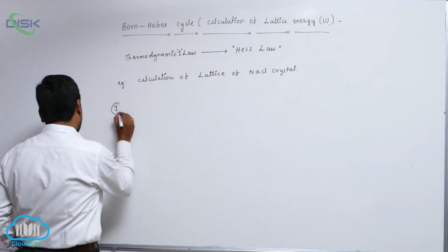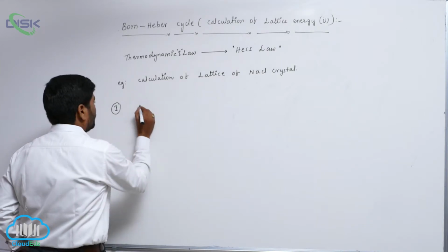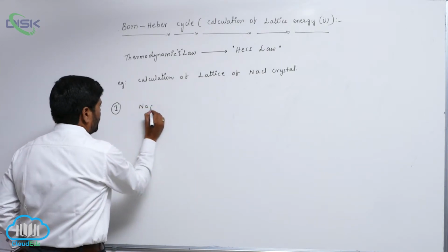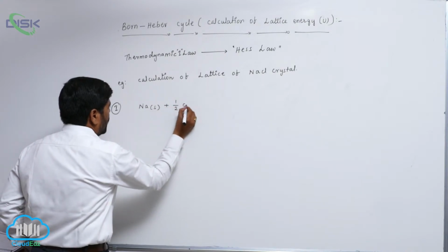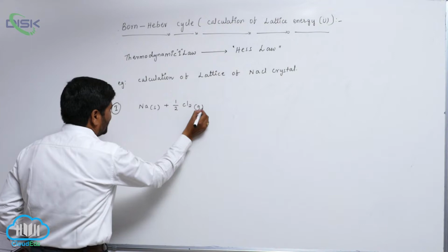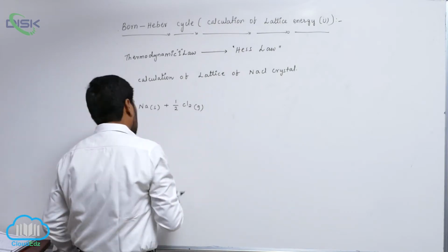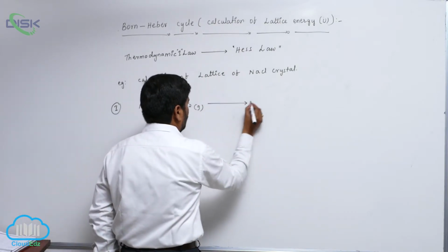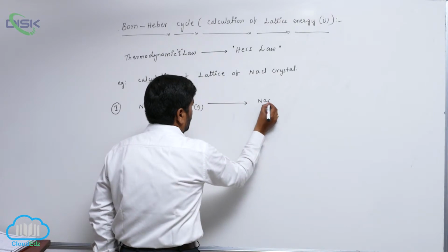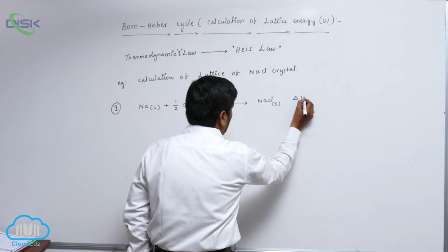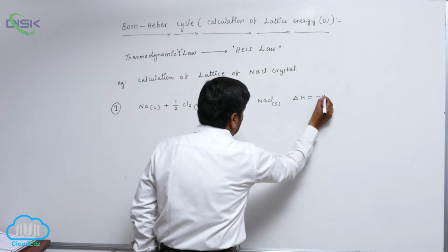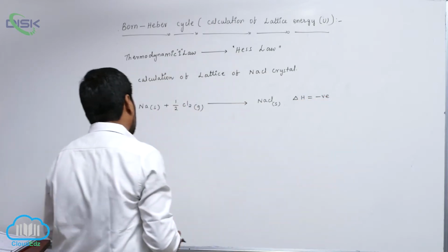Number one, sodium solid plus half mole of Cl2 gas to form sodium chloride solid, and delta H is negative, that is an exothermic process.